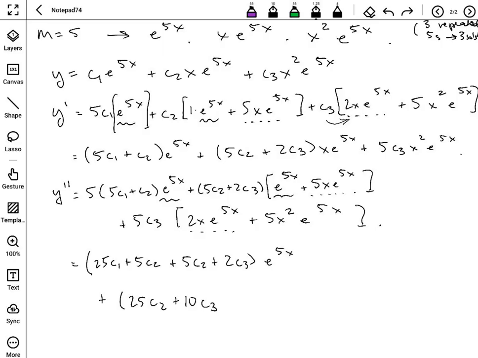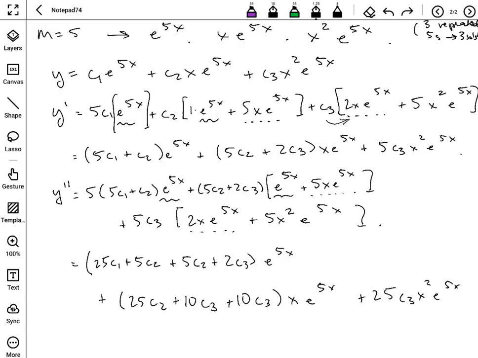And then over here I just have to multiply this 5 and 2 together, so that's going to give me plus 10c3 again. All that's times x e to 5x. And then my x squared term, I just have 5 times 5. I'm going to leave it on the same line, I have room, 25c3 x squared e to 5x.